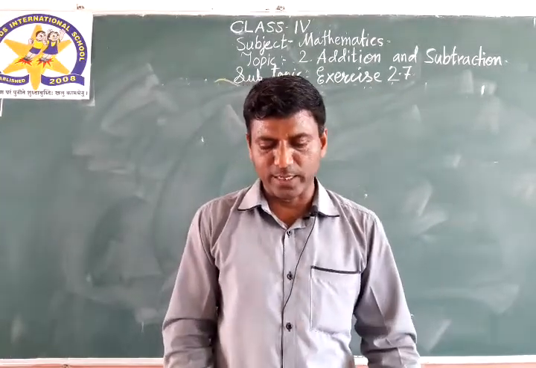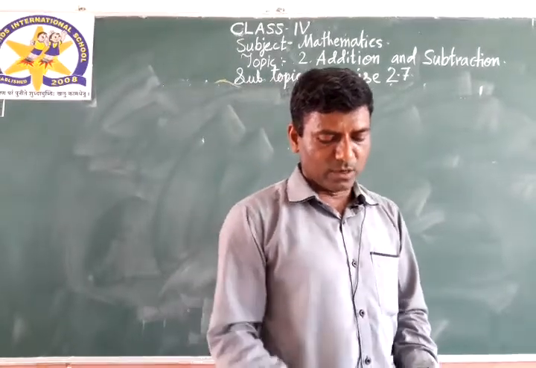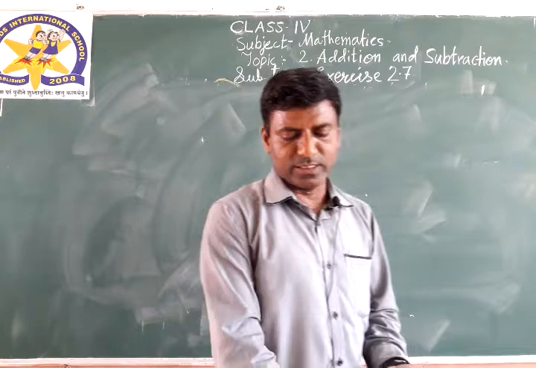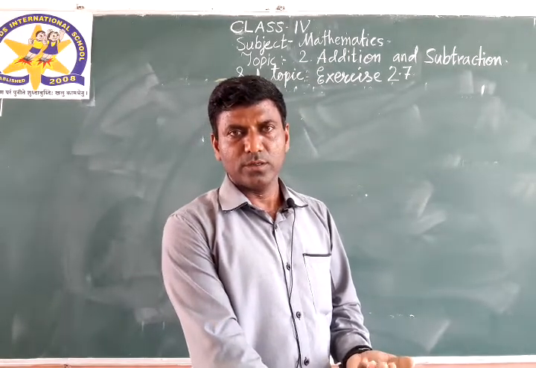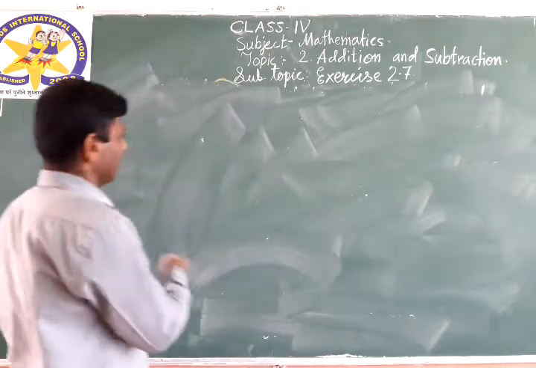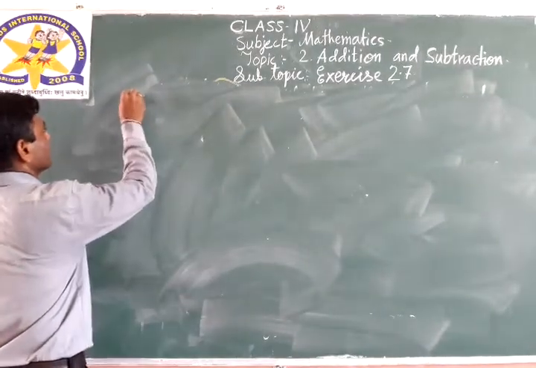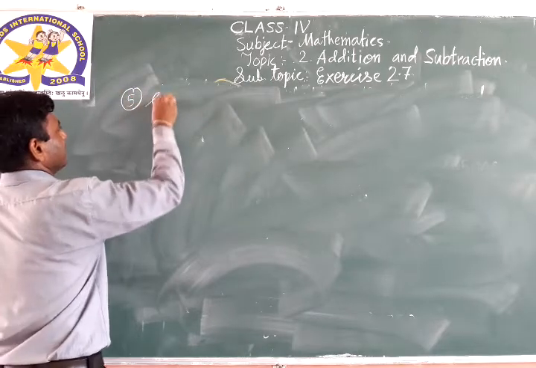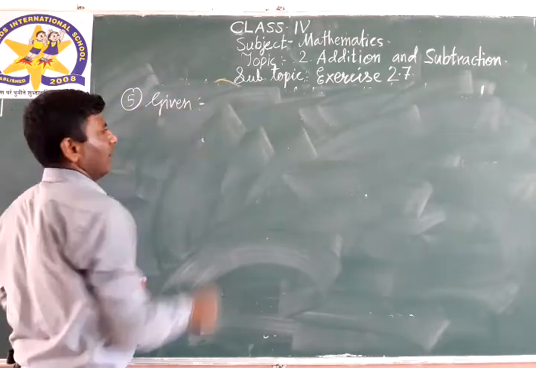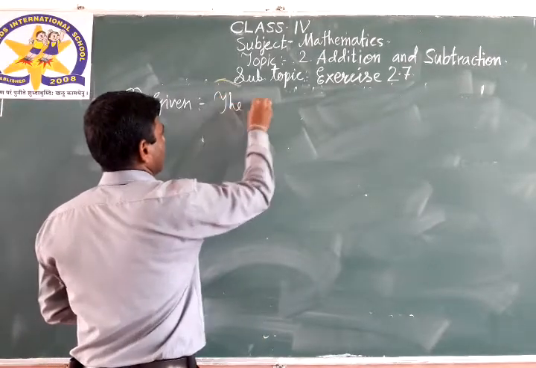Understand? So for that you have to write given. Right? The price of a car is this one. The car's price you can write in given.